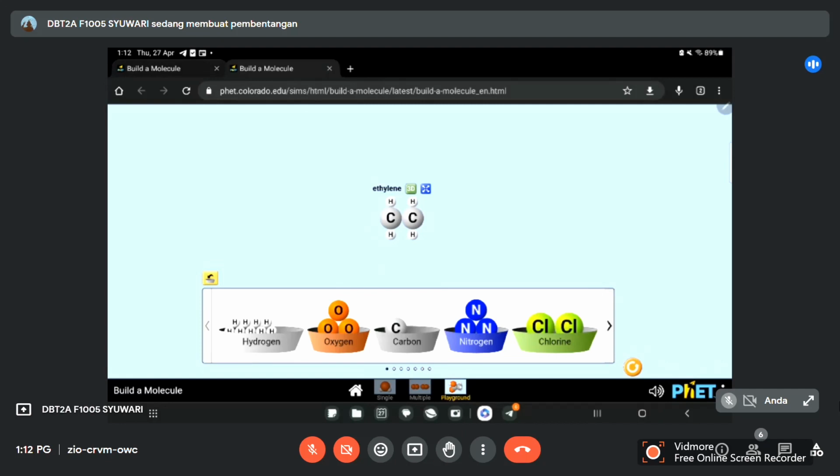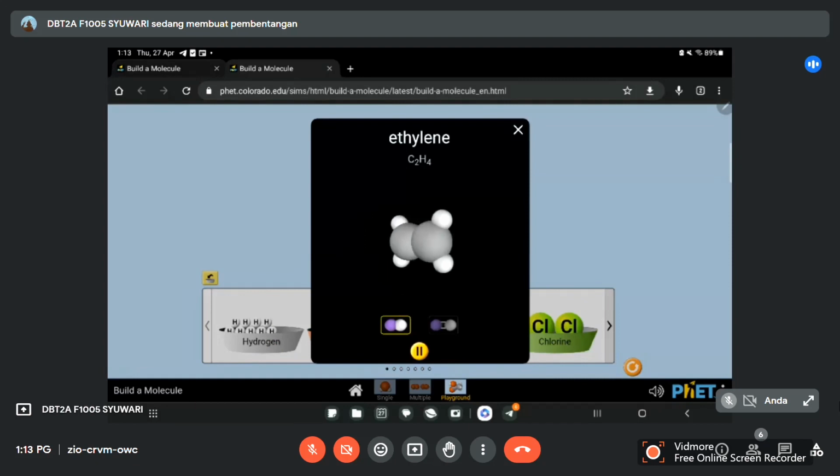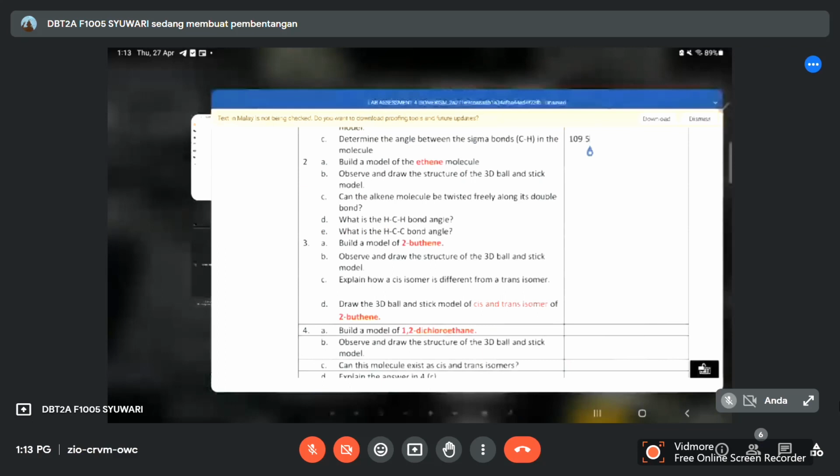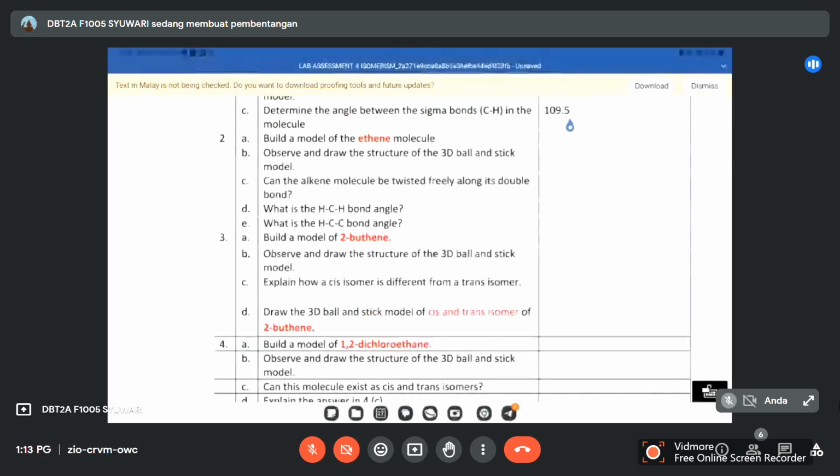So, we want to observe the 3D structure of the 3D ball and also the stick model of ethene or ethylene. We click the 3D button and we can see the 3D ball structure of ethene, and we can also see the stick model of ethylene. For the question number 2, observe and draw the structure of the 3D ball and stick model.